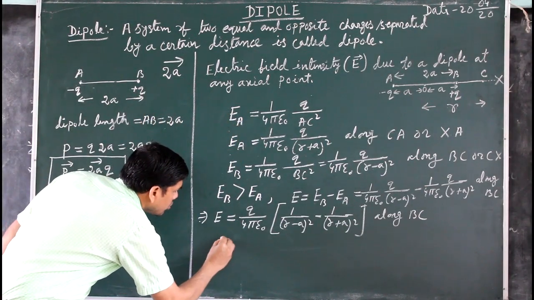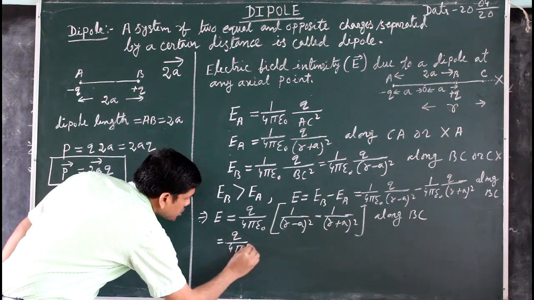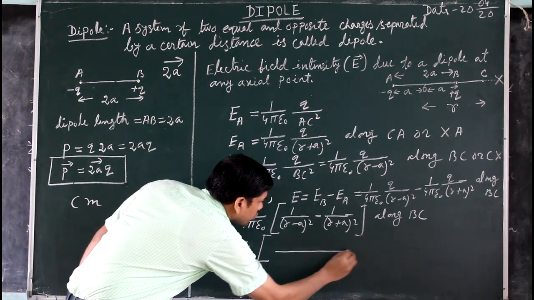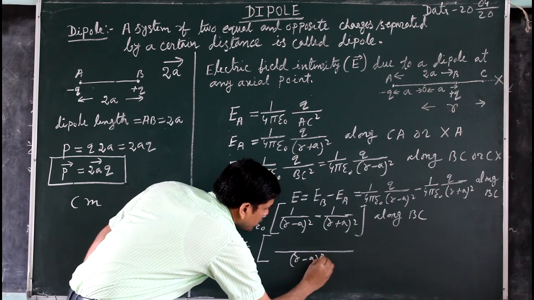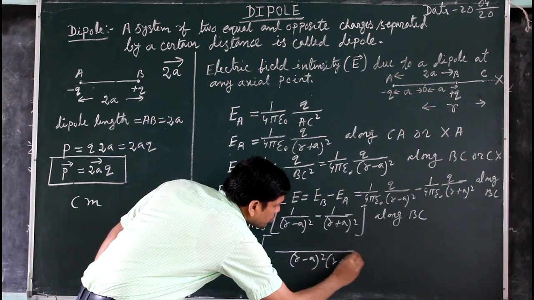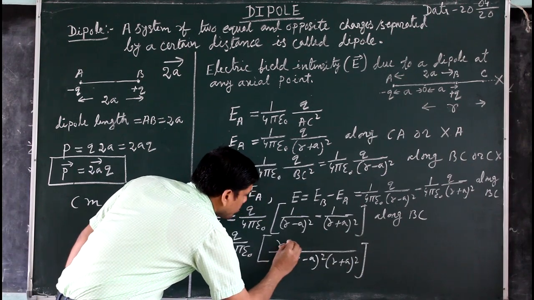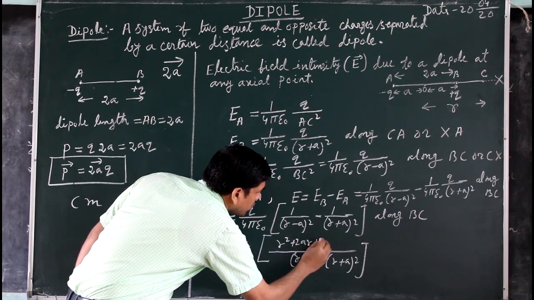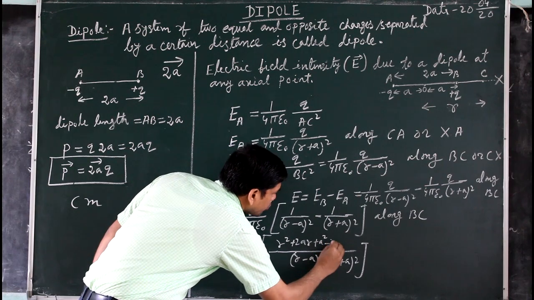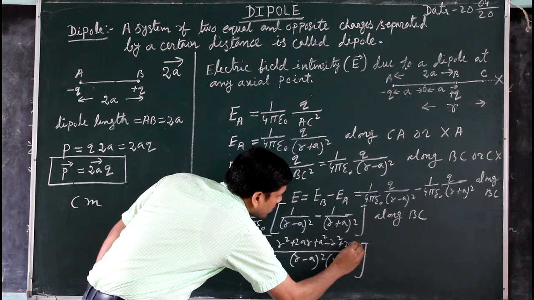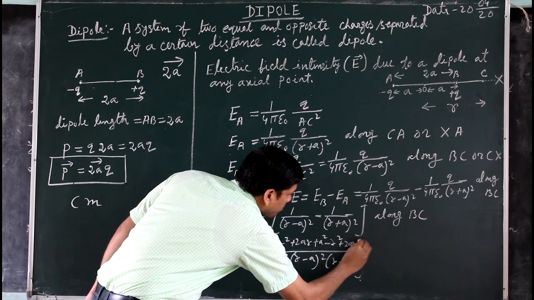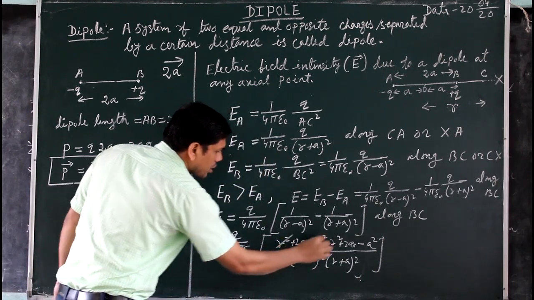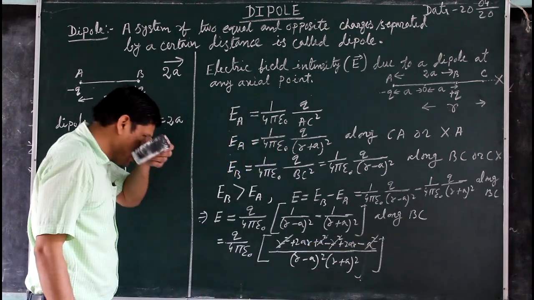So this is equal to q by 4 pi epsilon naught 1 by, r minus a whole square, r plus a whole square, r I am doing directly, r square plus 2ar plus a square minus r square plus 2ar minus a square. So here r square cancels, a square cancels.